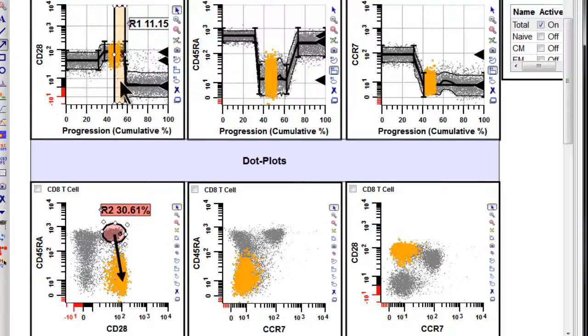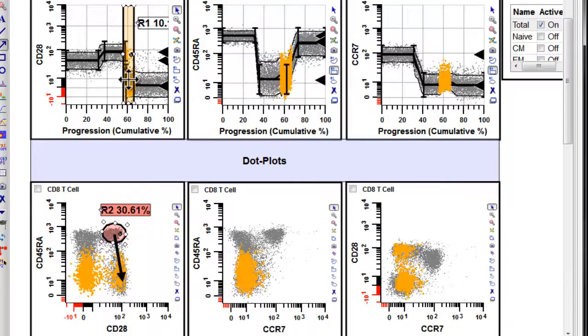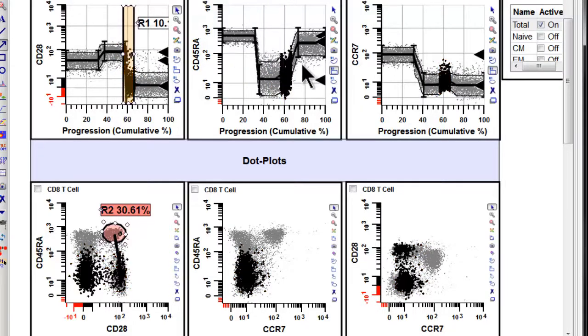And now, as we move a little bit later on, you can see that CD28 is downregulating right here. And of course, you can see us moving over. So CD28 is downregulating, and we can see it up here. It's coming down.